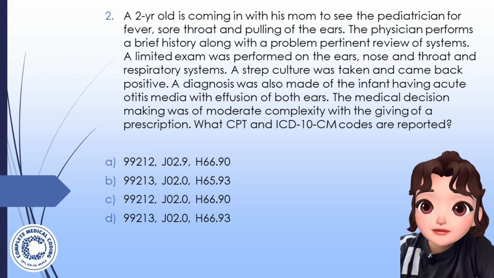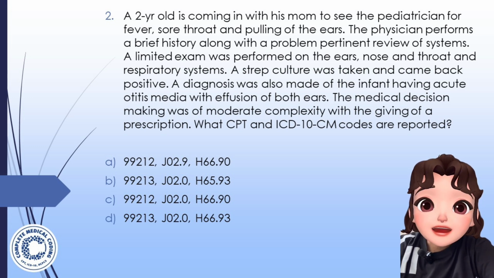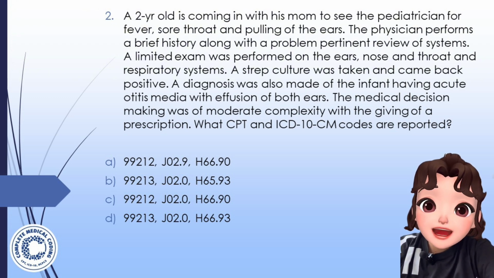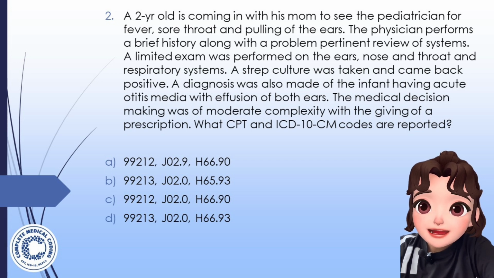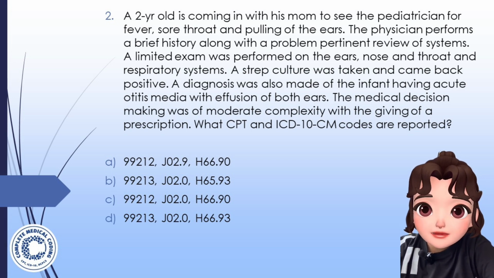Anyway, let's move to the other diagnosis. What is the other diagnosis? Pulling of the ears, otitis media. A diagnosis was also made of the infant having acute otitis media with effusion of both ears. So it means acute otitis media of both ears, bilateral. Bilateral acute otitis media should be the diagnosis.